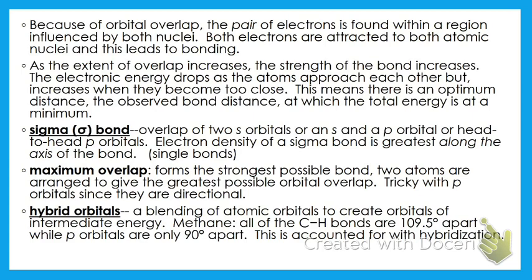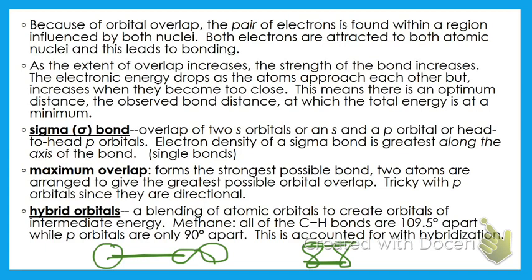P orbitals are directional, and if you go back to the shape, an S looks like that, and a P looks like that, right? So basically what happens in a p orbital is they overlap this way instead of head-on like this. The blending of those orbitals we call hybrid orbitals.